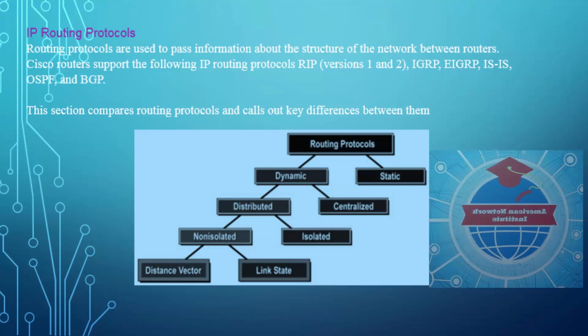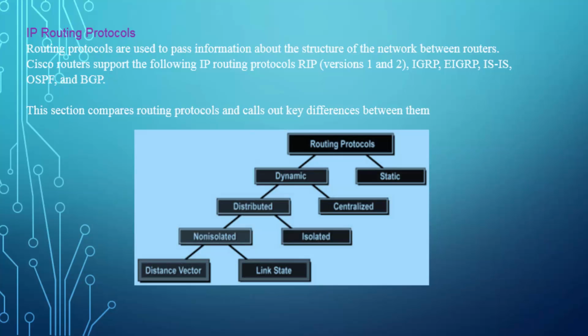As you know, routing protocols are used to pass information about the structure of the network between routers. Cisco routers support the following IP routing protocols: RIP version 1 and 2, RIPng, that stands for new generation and is used for IPv6, IGRP, which we don't use that much, EIGRP, that's the one that we're going to see more often, IS-IS, that we are barely going to see, and it doesn't stand for the terrorist group, OSPF, and BGP.